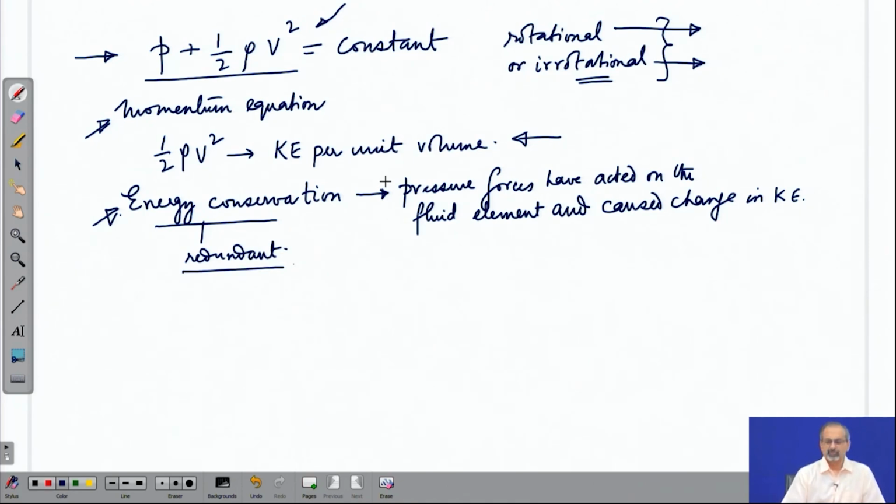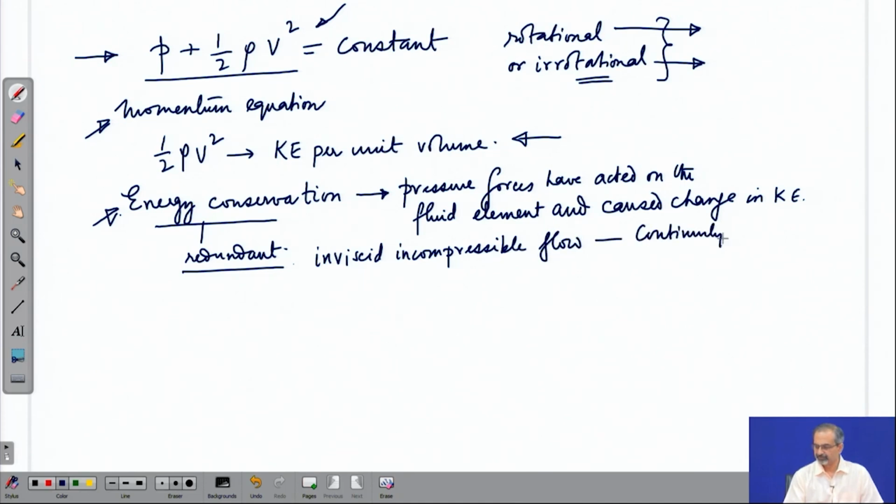So, in inviscid incompressible flow, just by using the continuity equation and momentum conservation equation, you could work out the variation of pressure and velocity through the flow field.